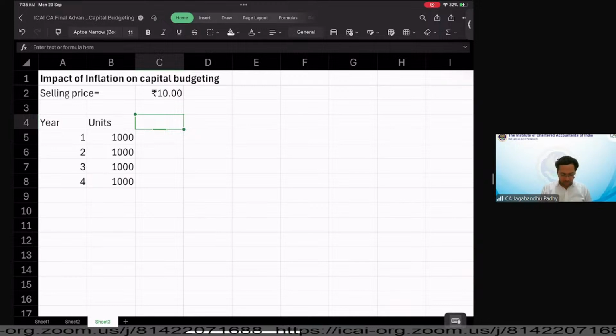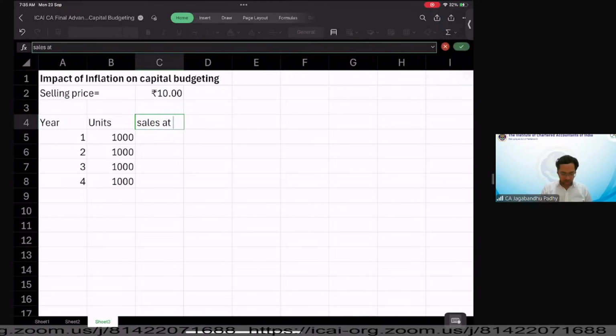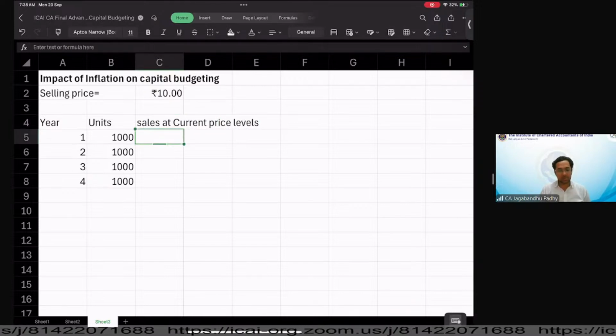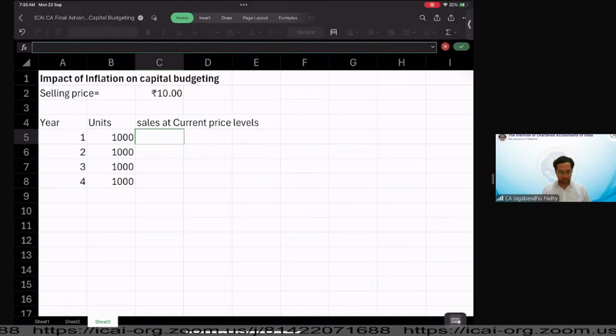we can say sales at current price levels. Can you tell me what will be the amount of sale at current price level? Can you say 10,000?